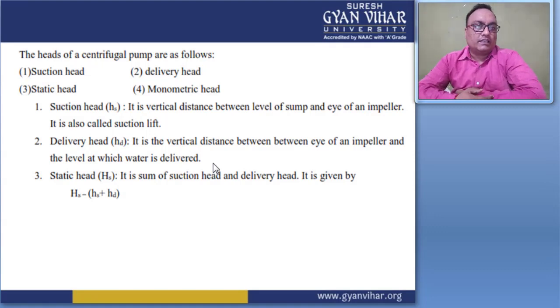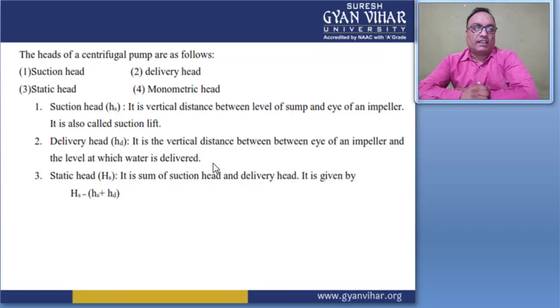And the next one is the static head. The static head Hs is the sum of the suction head and the delivery head, and it is given by Hs equals small hs plus hd, right?